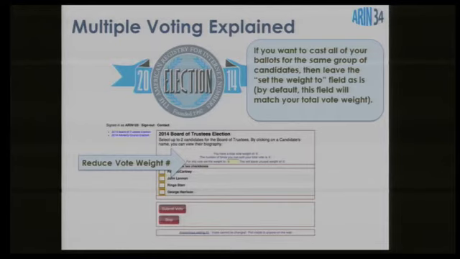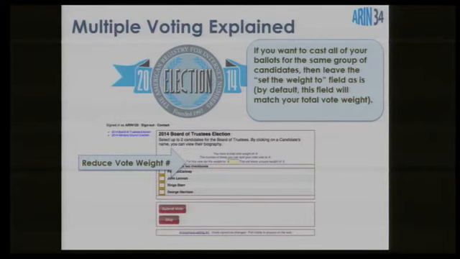That means that you can vote on behalf of 6 member organizations. The default in that field there is 6. So if you don't change that number, then you will select your candidates, click submit vote, and you will vote on behalf of all 6 of your member organizations for whichever candidates you select.